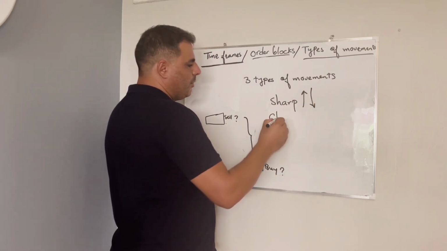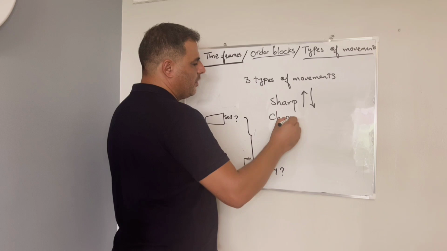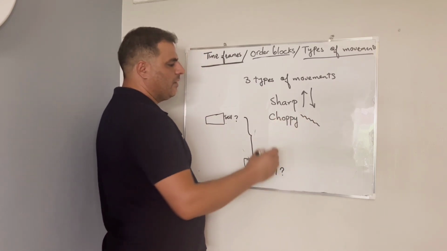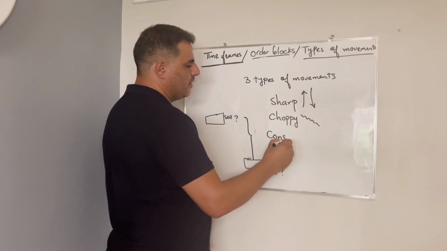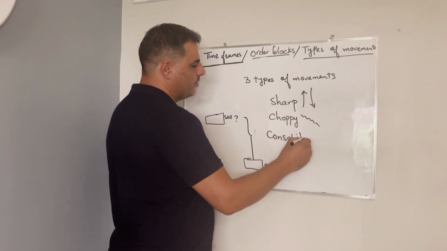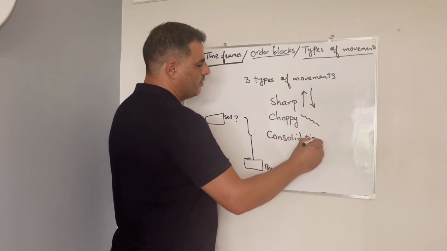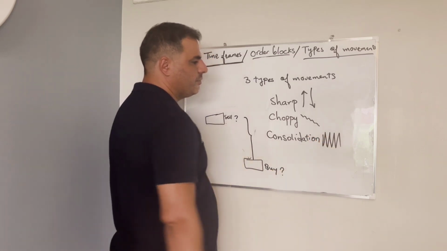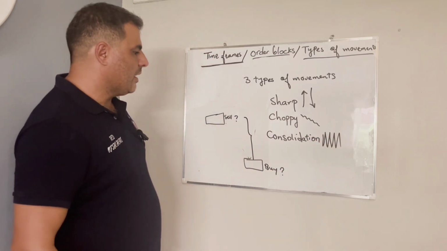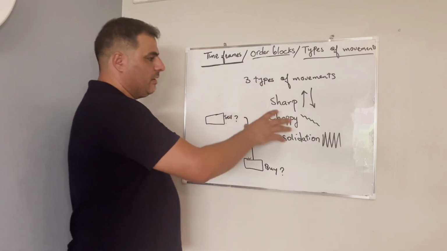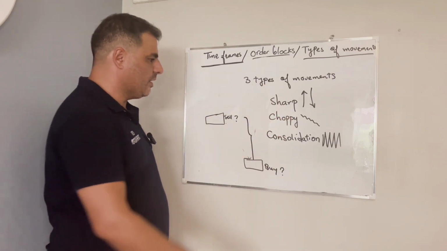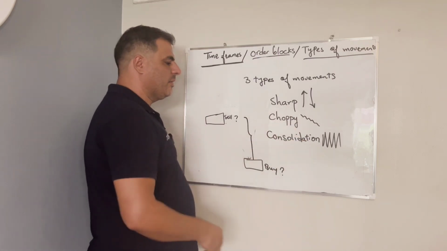You will have the choppy movements, if we call it like this, and we will have the consolidations. Consolidation is a movement like this. So we are going to discuss these types of movements, especially consolidation. We're going to talk about it later.